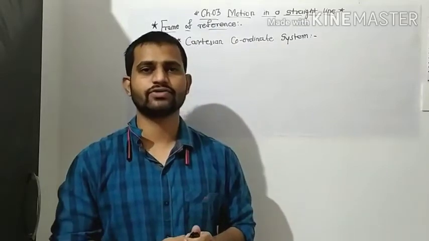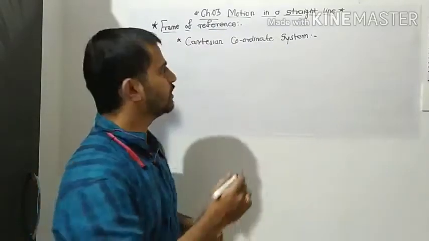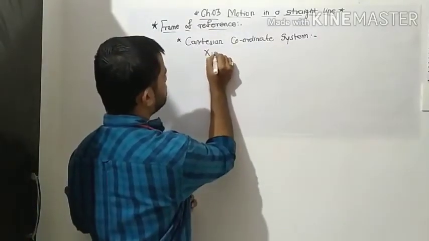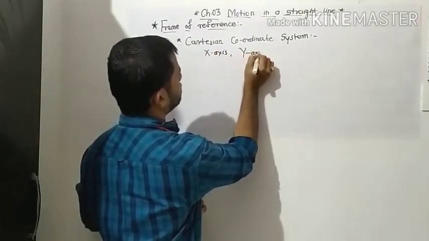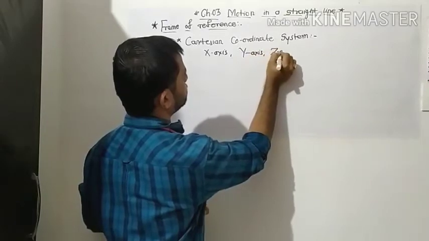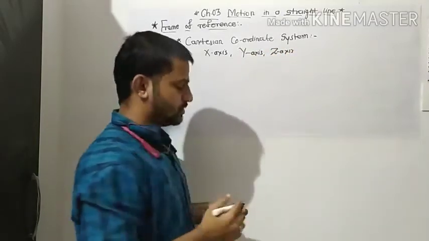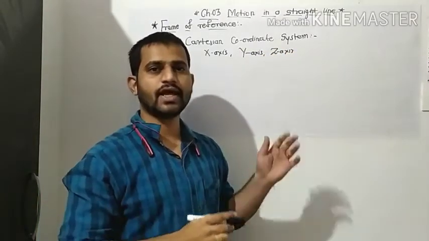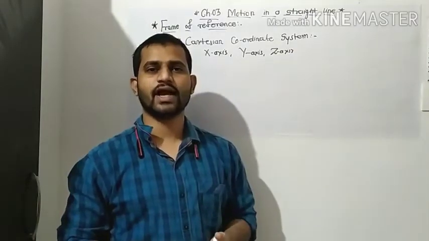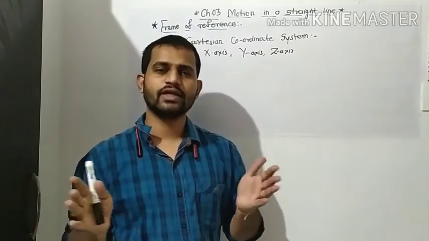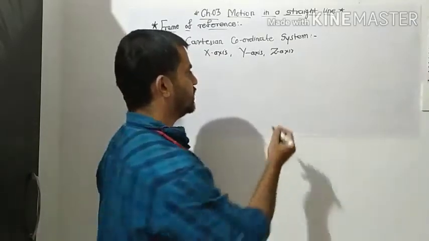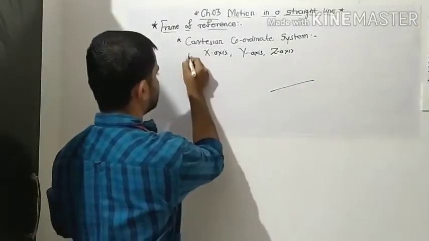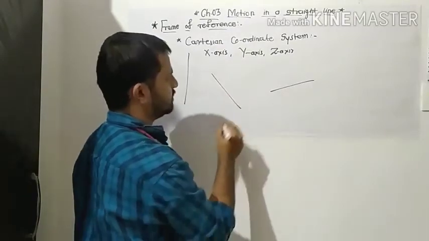There are three axes: the x-axis, y-axis and z-axis. For the x-axis, we can take any line. We can take this line as the x-axis, or this line, or this line.